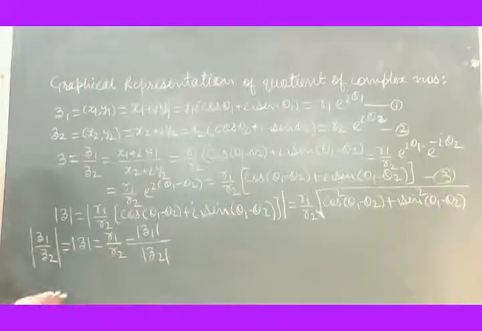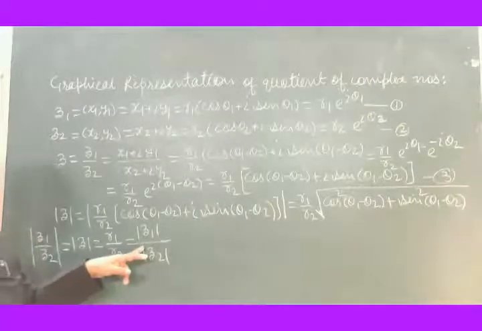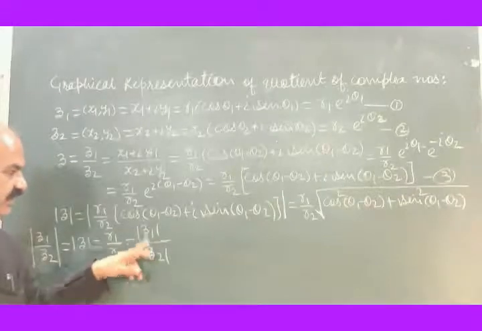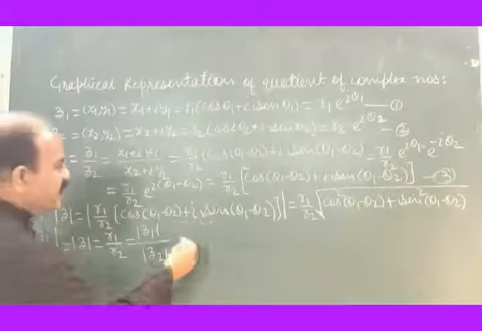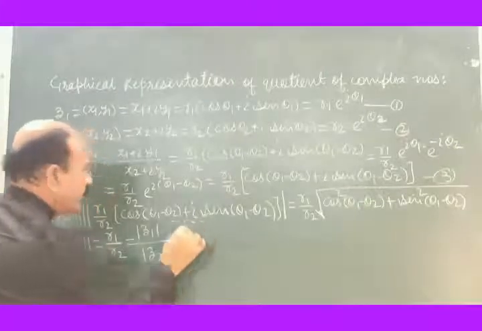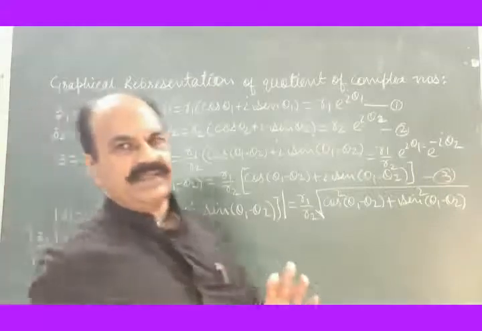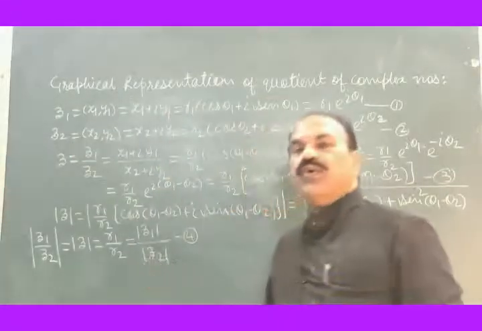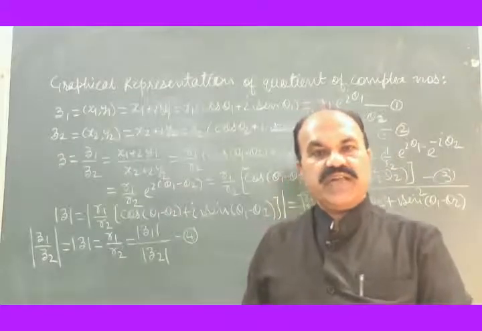What does this mean? It means that modulus of quotient of two complex numbers is equal to quotient of their moduli. Let me write this as equation number 4. From equation 4, it is clear that we can draw a conclusion. And what is the conclusion?